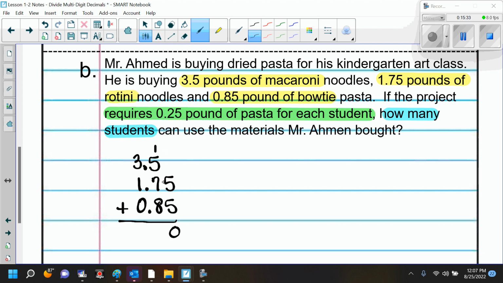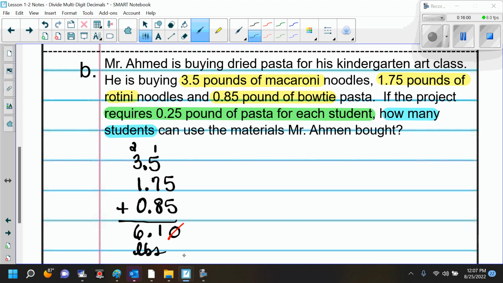So that's 16, 17, 18, 19, 20, 21, carry the 2, bring down my decimal, and then that's 3, 4, 5, 6. Do I need this trailing 0 here? No. So we don't need that. So this is 6.1 pounds of pasta, right?